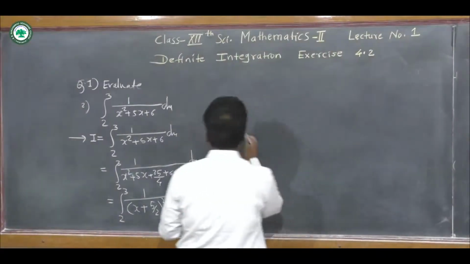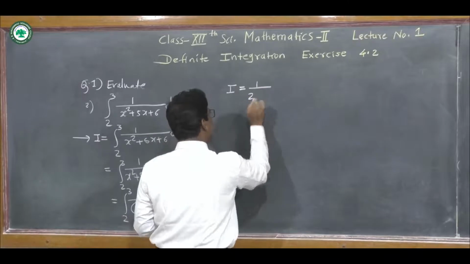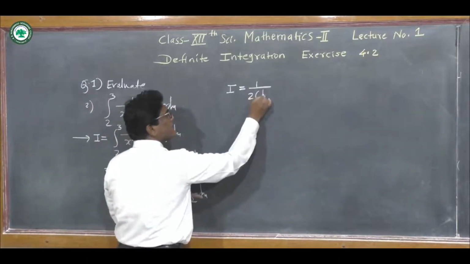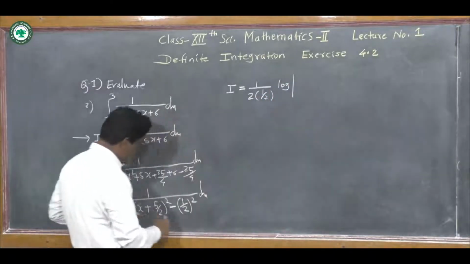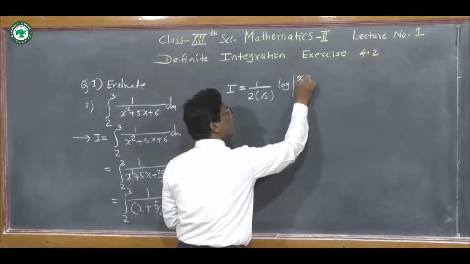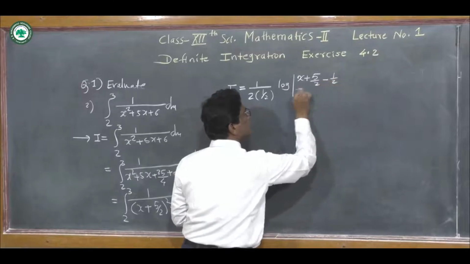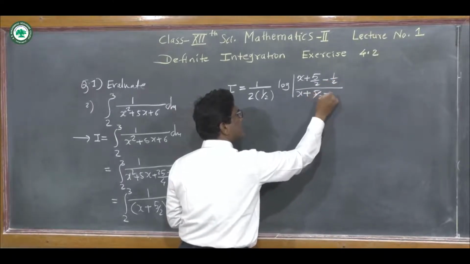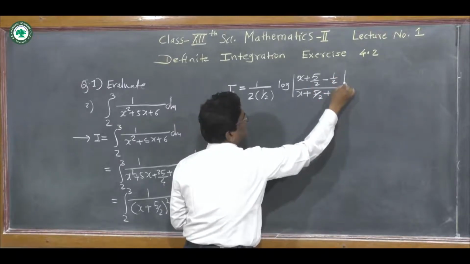So this required integral I becomes I is equal to 1 upon 2 into a. A is here 1 half. A is here 1 half into log of x. X means this bracket, x plus 5 upon 2, minus a means 1 half, divided by x plus a, that is x plus 5 by 2 plus a means 1 half. This is the solution.